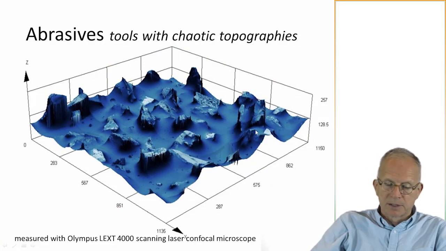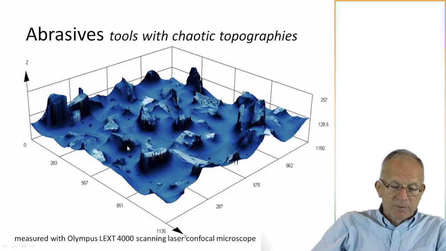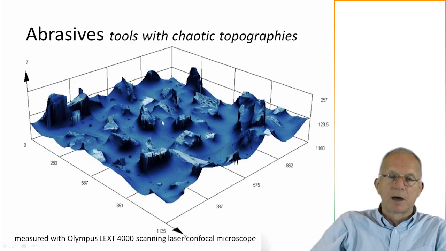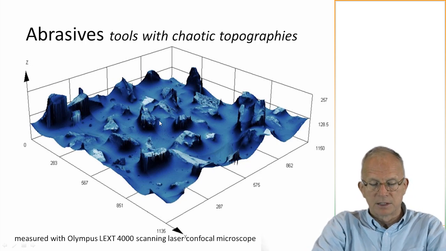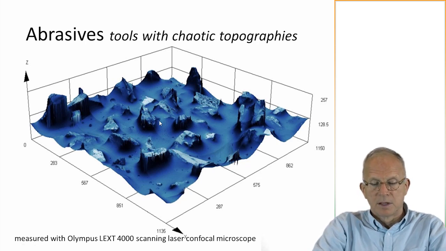And here's a different abrasive. This isn't the one that's used to make that, but it's an interesting measurement. The topography is chaotic. Probably the first material removal operation that man did was an abrasive process. Somebody picked up a rock from the ground and started rubbing his stick on it, or vice versa, to sharpen it up, so you had a better chance of getting dinner.